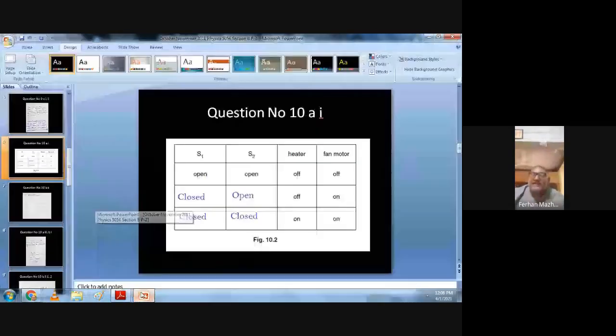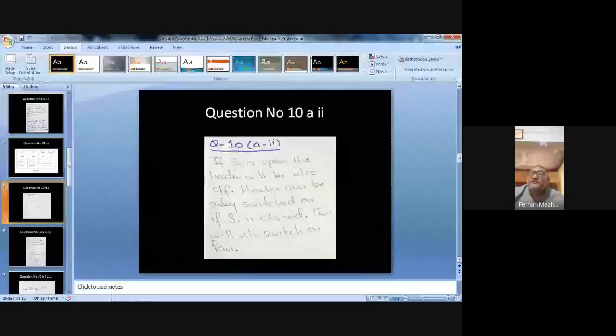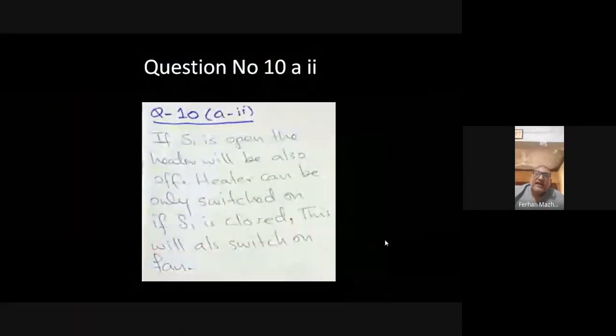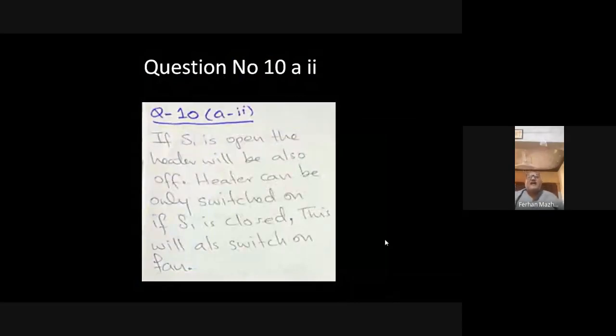Let me show you my answer. I have written this answer also. If S1 is open, the heater will also be off. The heater can only be switched on if S1 is closed.